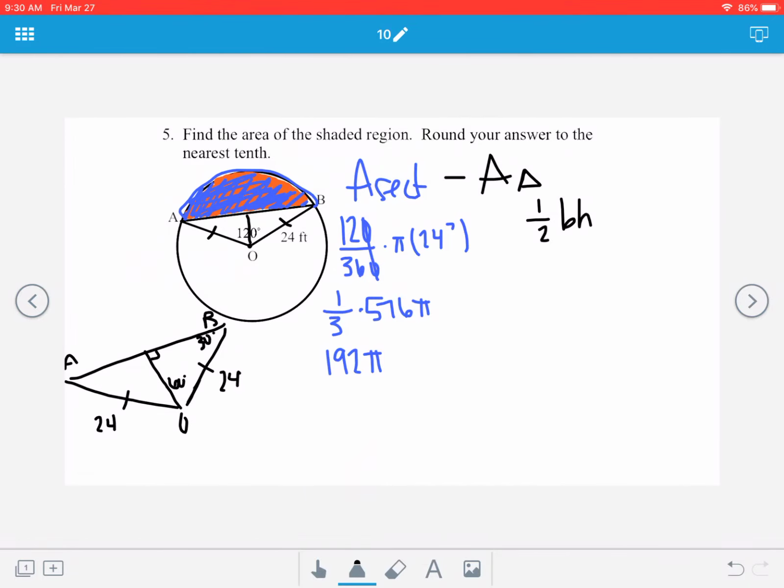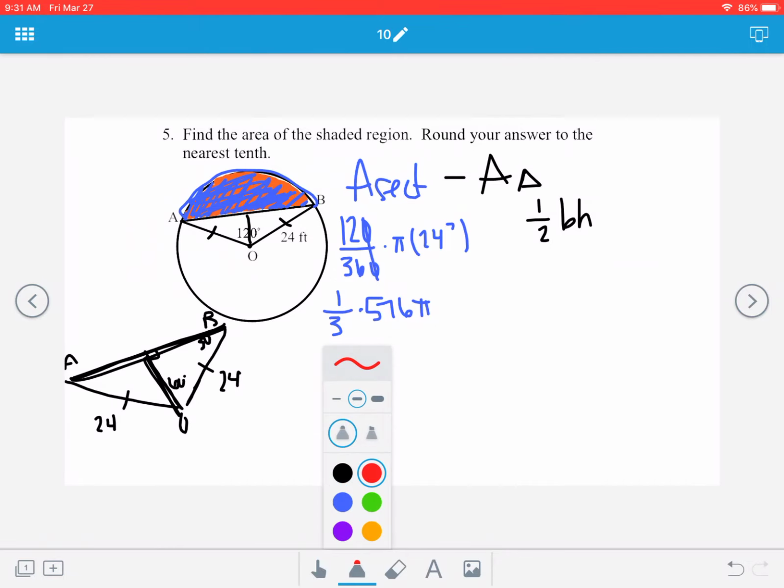To find the area of this triangle, I need to know the base length, which is AB, and the height here, which is that altitude we drew in. Referring back to chapter 8 in our 30, 60, 90 rules, 24, that's the hypotenuse. Opposite of 30, this is the short leg. And opposite of 60, this is our long leg. In a 30, 60, 90, the hypotenuse equals the short leg times 2, which means our short leg has to be 12.